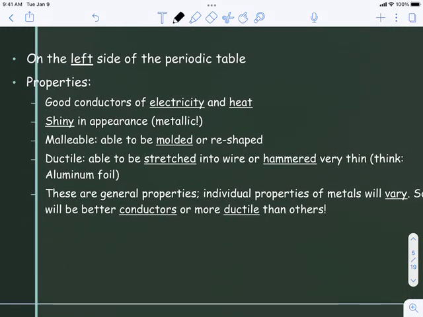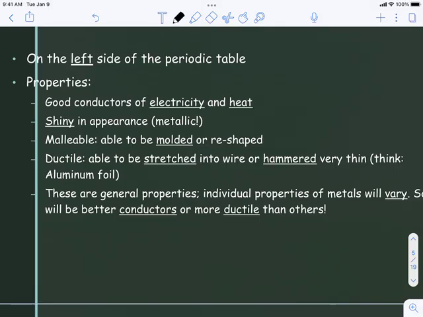What are the properties of metals? They conduct electricity, right? You don't run outside with a metal rod in a lightning storm because it conducts electricity, it conducts heat. Metals are shiny. Think of gold or silver. Vocab word, they're malleable, meaning they can be molded. They're ductile. They can be stretched into wire. Think of copper wiring.